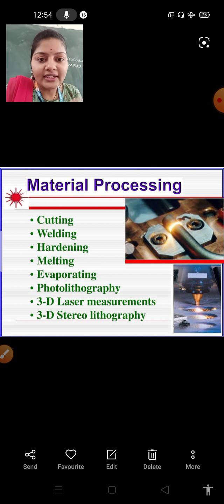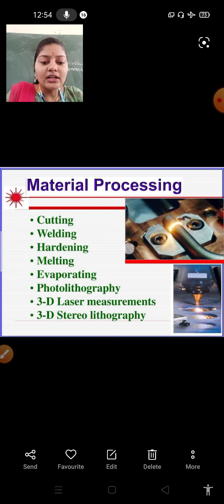And next, melting purposes also. And photolithography is also done using lasers. And next 3D laser measurements, and 3D stereolithography. So these are all the material processing done using lasers.